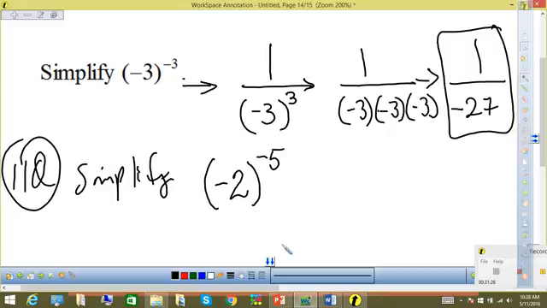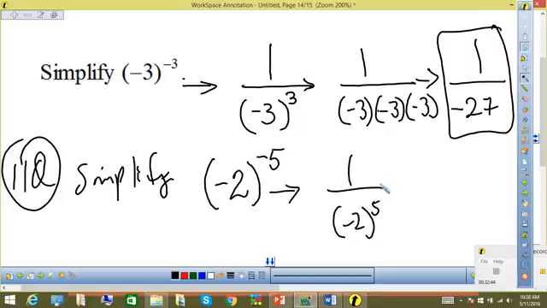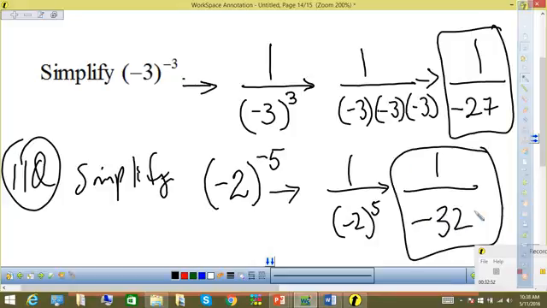Check with your neighbor, see what they got. All right, let's see. Who got 1 over negative 2 to the 5th power, which is 1 over negative 32? Do we got that? Okay, I'll stop right there.